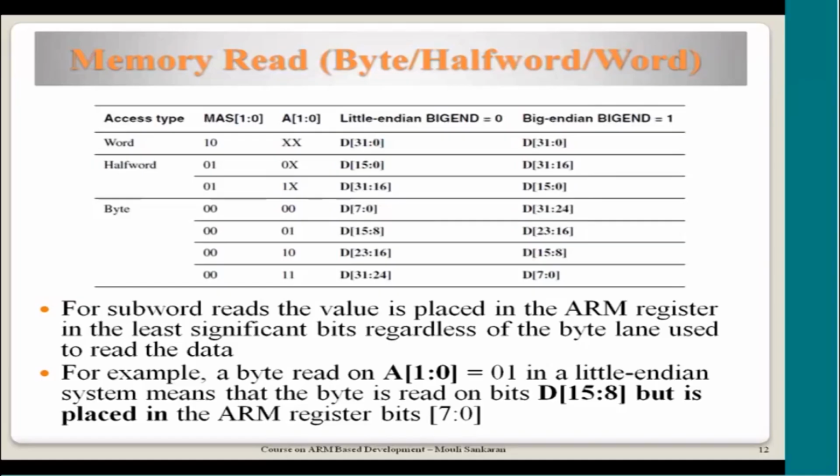Wherever the byte is read, it is copied into the lower byte of the register, and then it is sign extended or filled with 0 based on the kind of transfer being done. So this helps in transferring a word, a byte or a half word from the memory, whatever the endianness, to a particular place in the register.